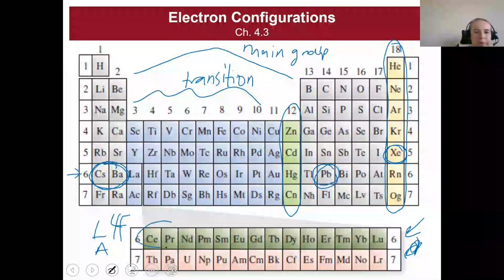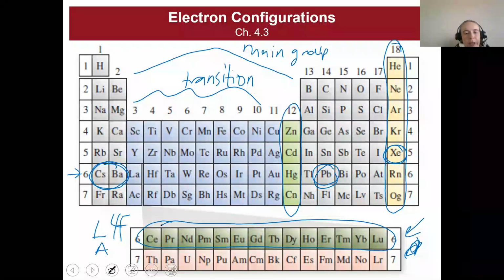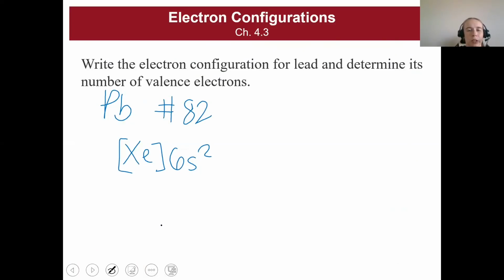So we've got these 4f electrons. They're elements, but I'm going to call them the electrons in that 4f block for now. So we've got 6s2. There's 14 electrons that can go into the 4f subshell. So 4f14.